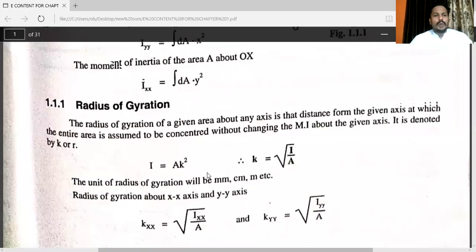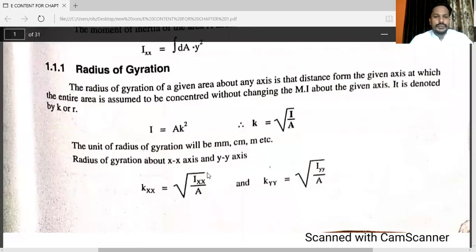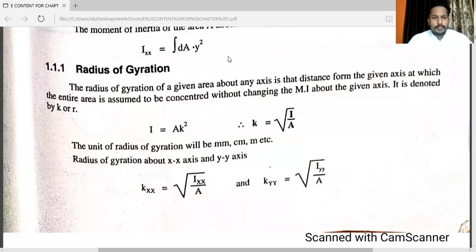See the next subtopic, that is radius of gyration. Here we are taking all the important points one by one, and then we will solve the problem. Radius of gyration. The definition is: the radius of gyration of a given area about any axis is the distance from the given axis at which the entire area is assumed to be concentrated without changing the moment of inertia about the given axis.